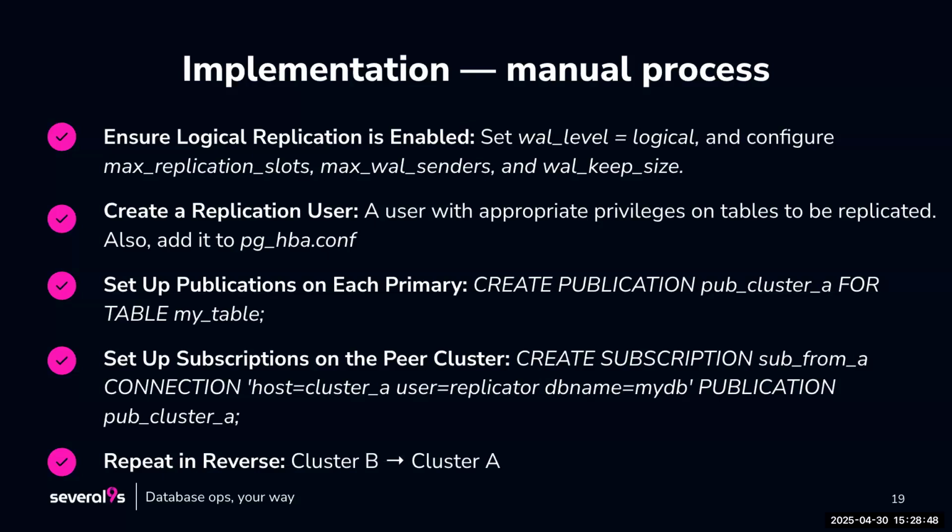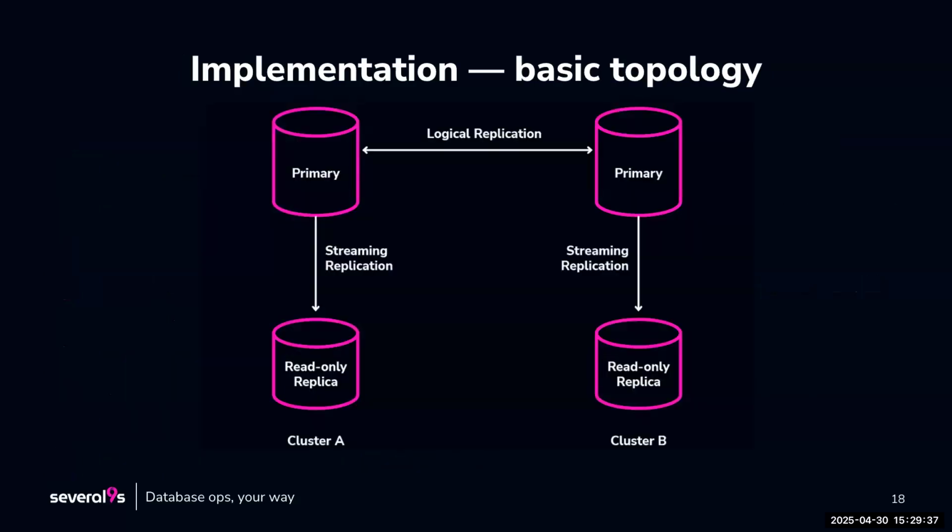Then you need to create a logical replication user with the correct privileges, and you have to add this user to the pg_hba.conf to allow connecting to the nodes. And now you need to create publications on each primary node and a subscription on each cluster to connect to these publications. And you have to do this in both directions, from cluster A to cluster B and from cluster B to cluster A, if we go back to this example.